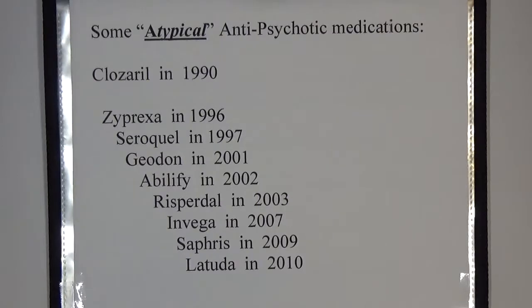Atypical antipsychotics. In 1990, a second generation of antipsychotic drugs was evolved and named atypical antipsychotic drugs, due to the lessened risk of EPS and CNS side effects.